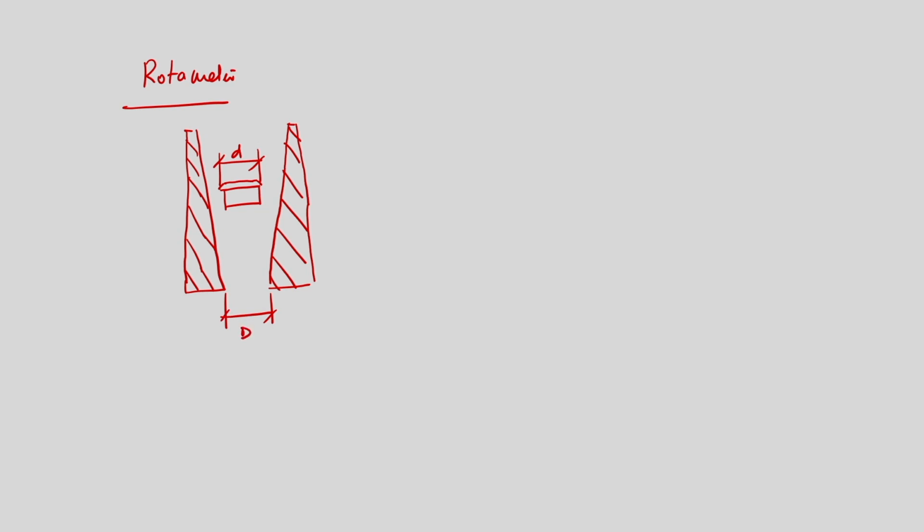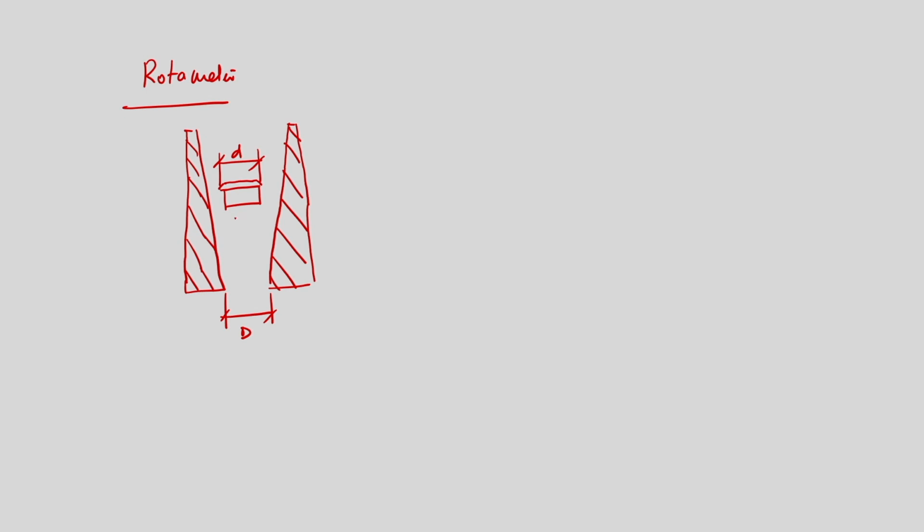So, the rotameter is essentially, what we can see from this figure, composed of a tapered tube which is vertical, and one bob is there. This is the bob.